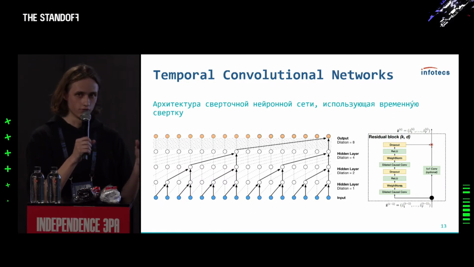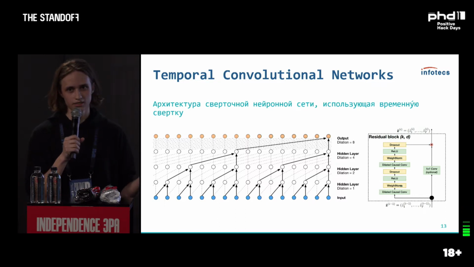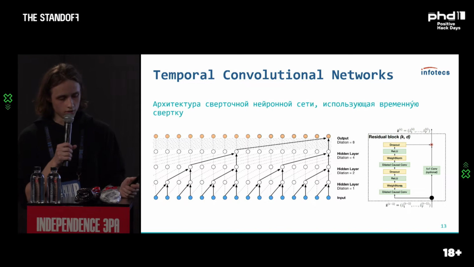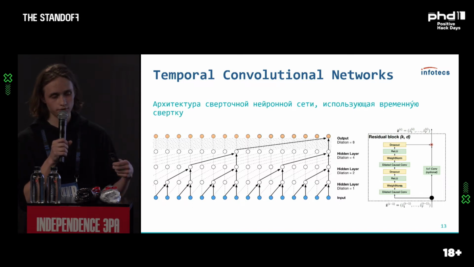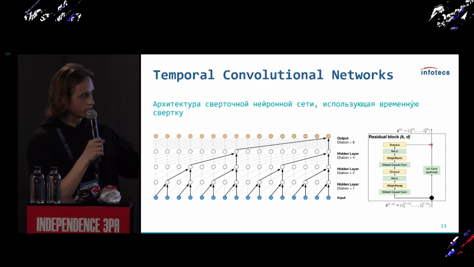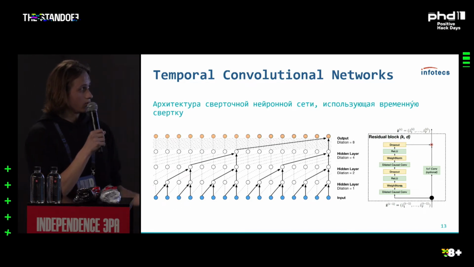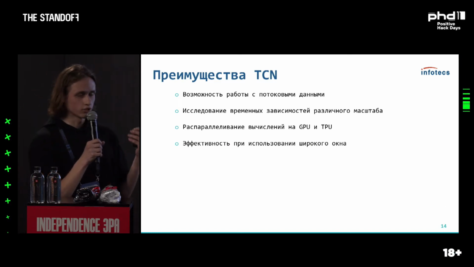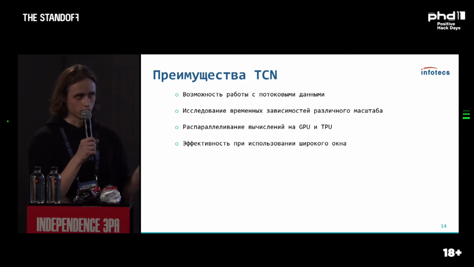Also, we have the dilation in the convolution. Not the neighboring elements interact, but those with some gaps between them. And we use a 1x1 convolution to regulate the number of channels of our data, to move from one layer to another.